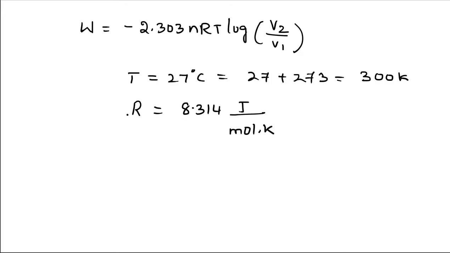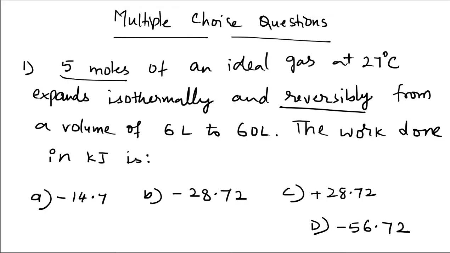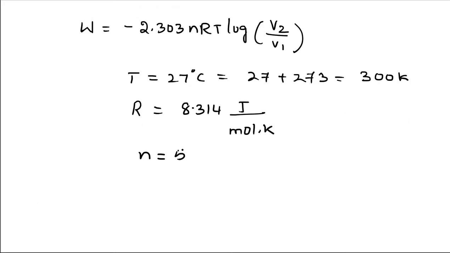And how many moles of the gas are there in the problem? There are actually 5 moles. So we should take n equal to 5 moles, and V2, the final volume, is 60 liters and the initial volume is 6 liters.